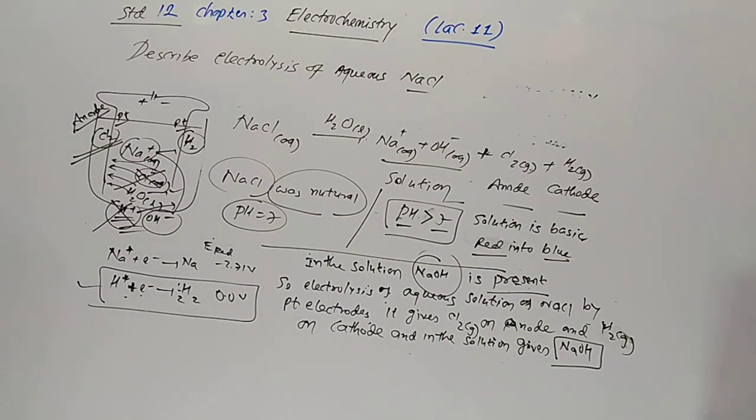Red litmus paper converts into blue when we dip it into the solution after electrolysis. Understood? Now the standard electrode potentials are replaced by the electrode potential given by the Nernst equation.